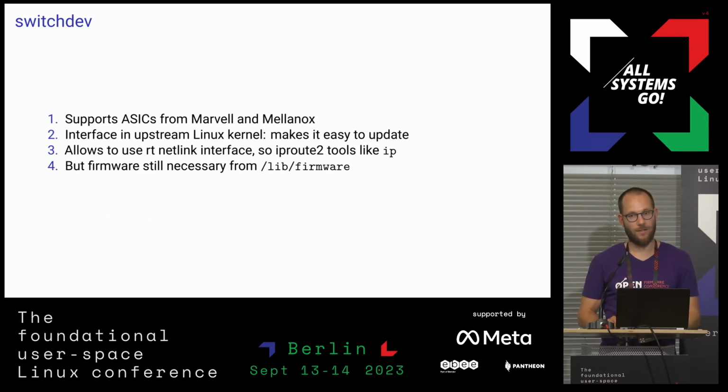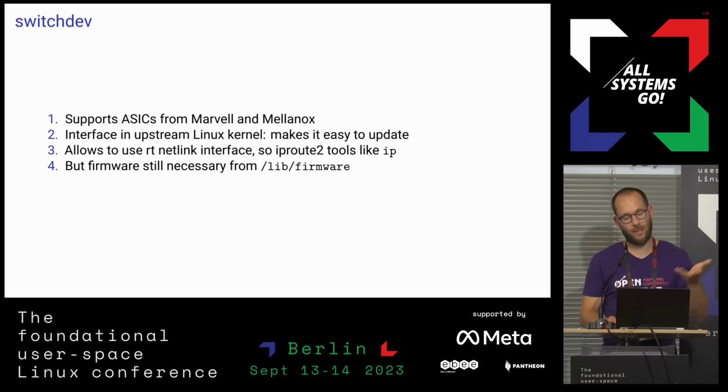And the other big advantage with it is you can use the normal Linux iproute tools, right? You can use ip and bridge and so on. For all the other OSs, you often have to use their special tools.